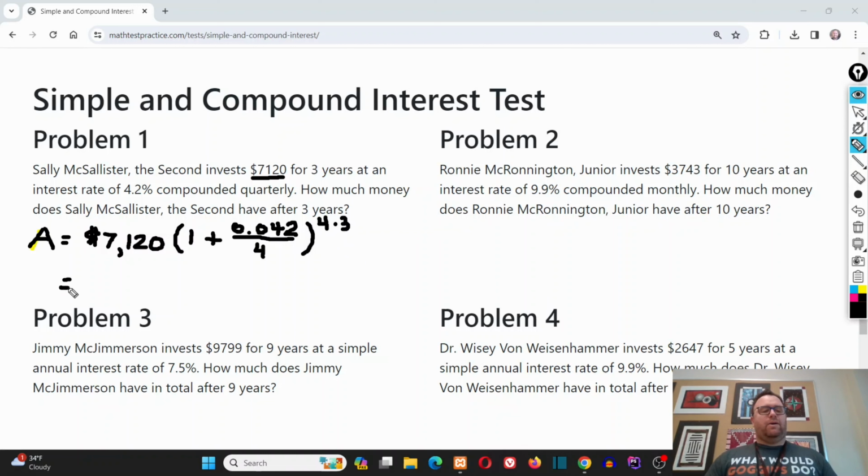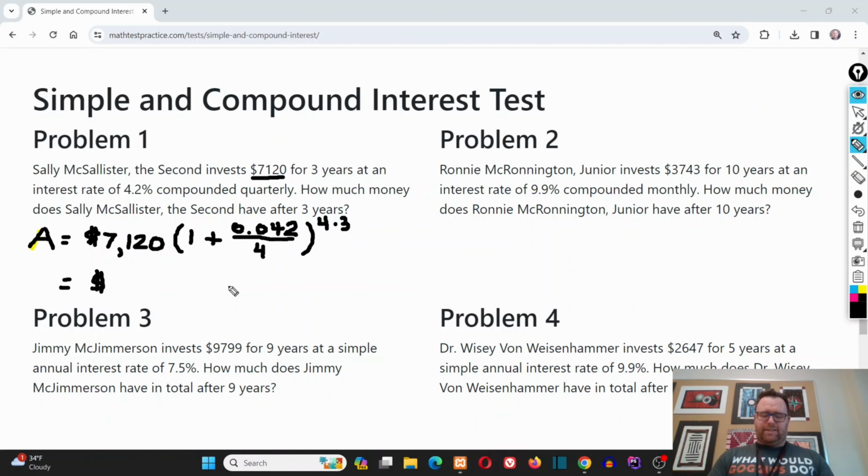When we work this all out, I'll take out my handy cell phone calculator here. If you're using a cell phone calculator, you're going to want to use the X to the Y button, and you want to turn it sideways. So I'm going to type in 7120, then times, and then in parentheses 1 plus 0.042 divided by 4.